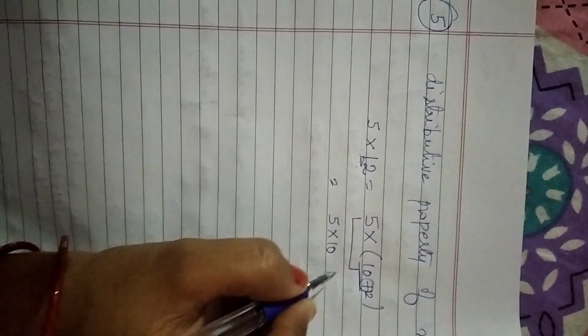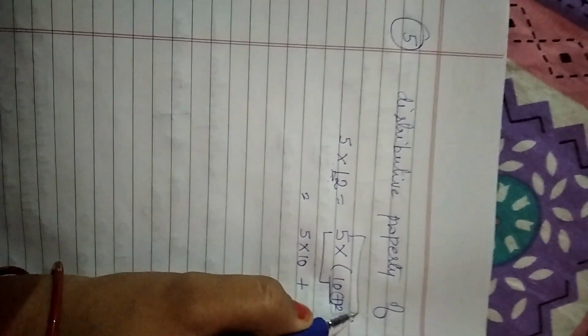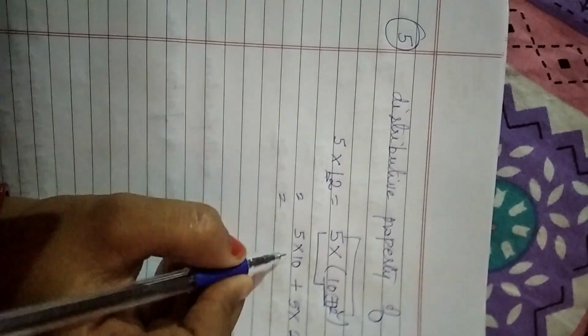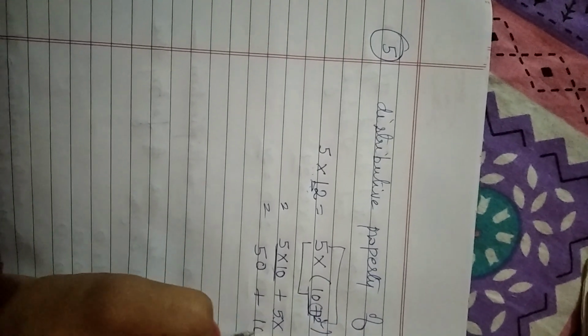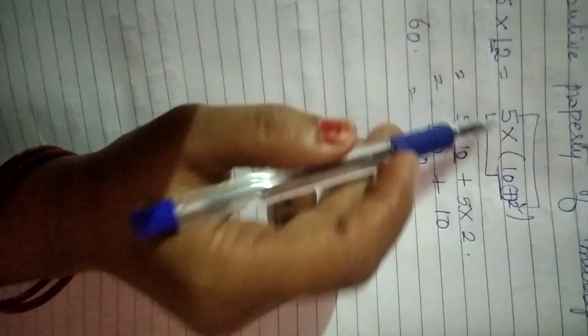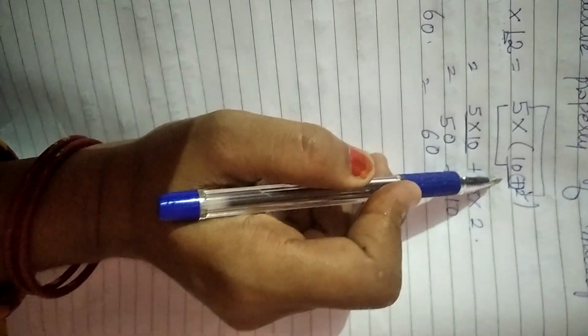As we have plus here, we'll write plus, and then 5 into 2. 5 into 10 gives us 50, plus 5 into 2 gives us 10, and the sum we get is 60. Similarly, 5 into 12 gives us 60. So the product does not change even if we distribute the multiplicands.